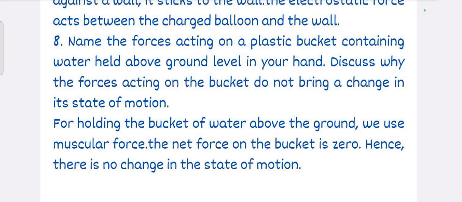Answer. For holding the bucket of water above the ground, we use muscular force.